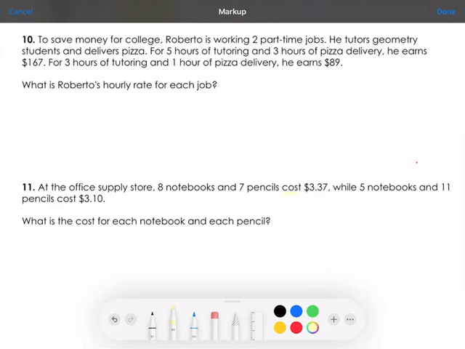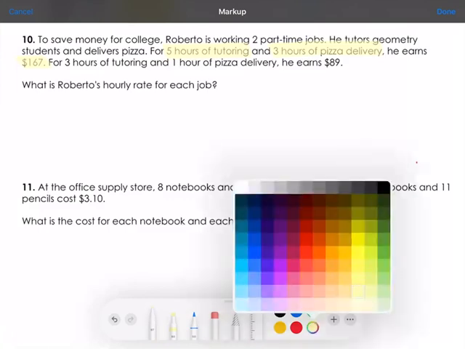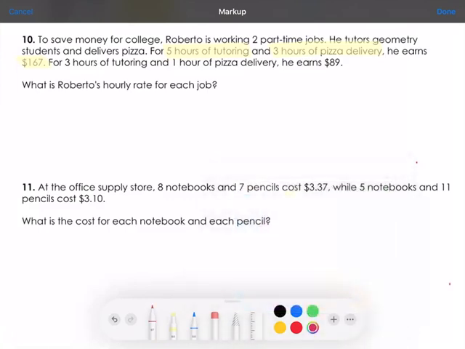So I'm given quite a bit of information here. He has 2 jobs, and it's giving me different combinations of work and the amount of money he makes for each one. So for 5 hours of tutoring and 3 hours of pizza delivery, he makes $167. I could represent this in an equation if I let T stand for the amount he makes tutoring per hour, and P stand for the amount he makes delivering pizza.